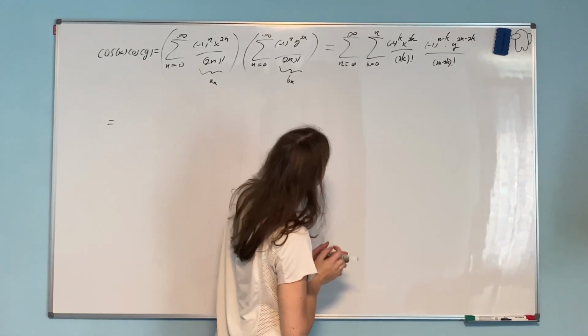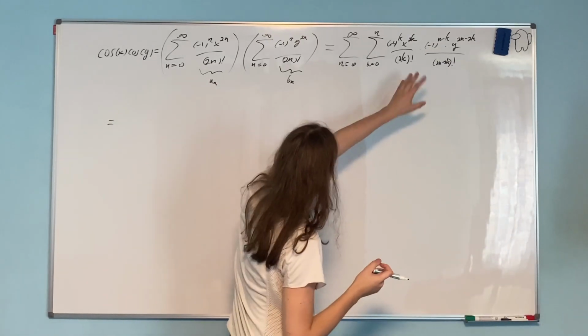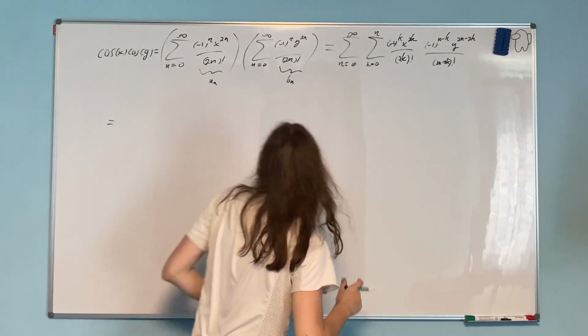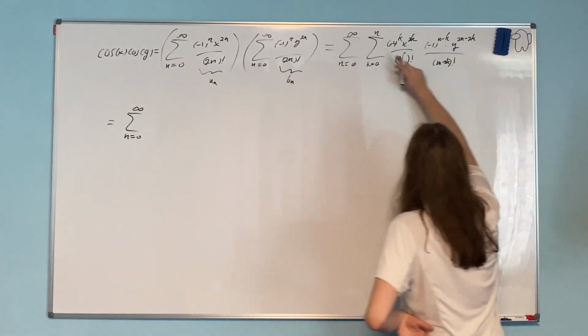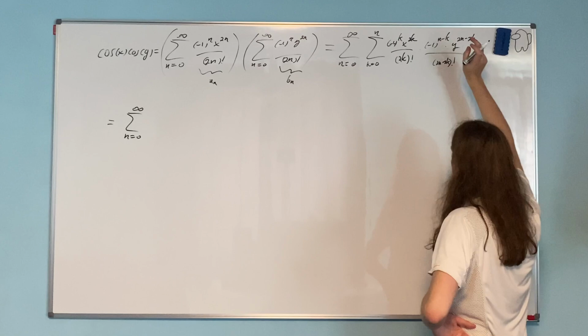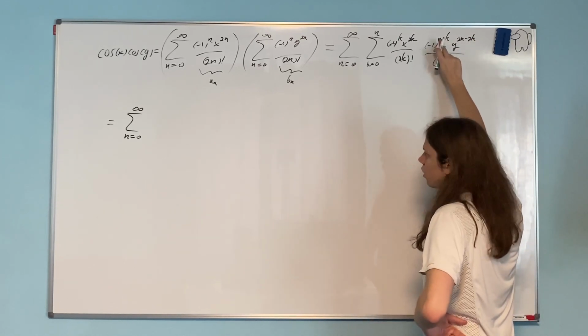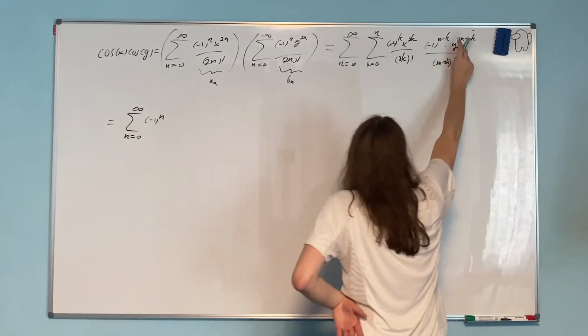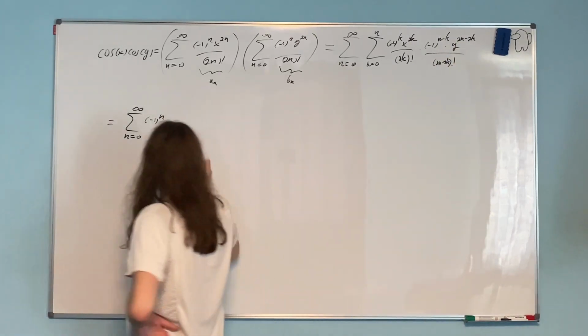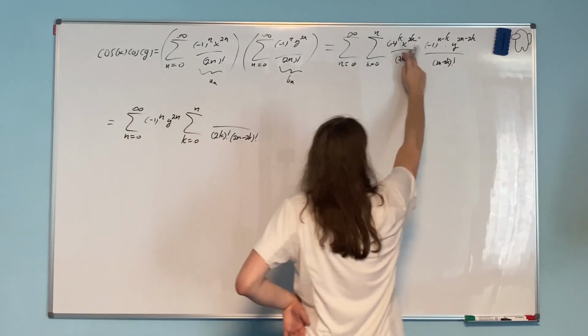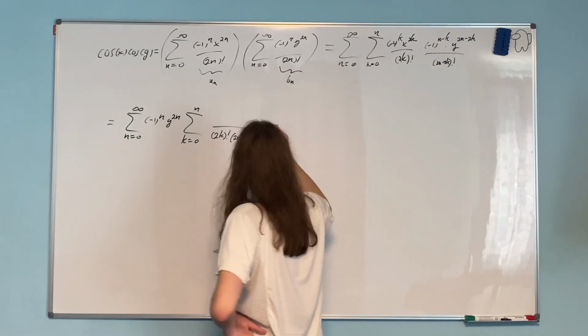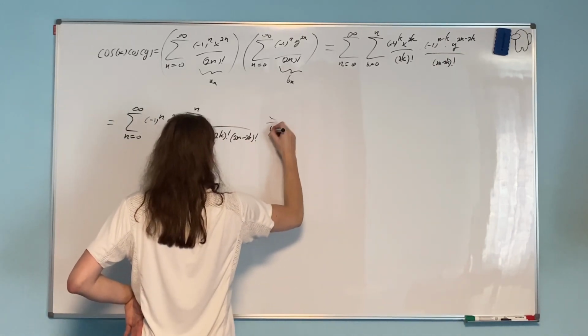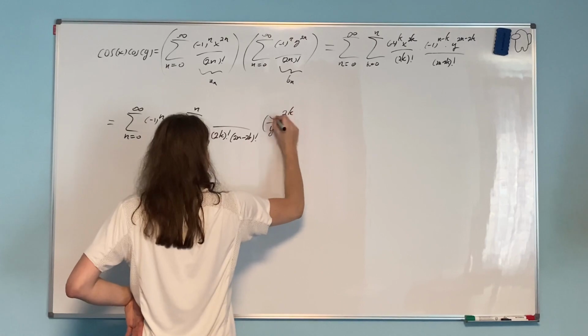Let's now see what cancels or what we can take out of the sum. We got minus 1 to the k and minus 1 to the minus k. These cancel, and minus 1 to the n we can take out of the sum. And we can also take y to the 2n out of the sum. And x and y would be, I'll write it like this, x over y to the 2k.